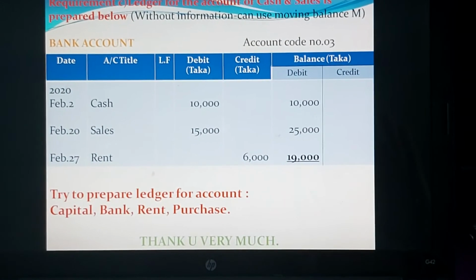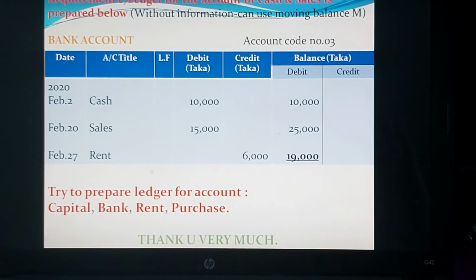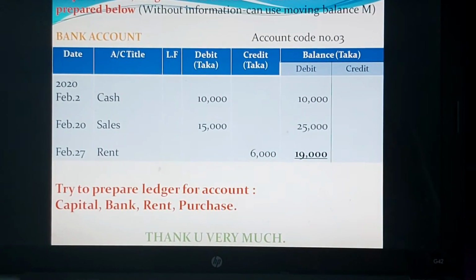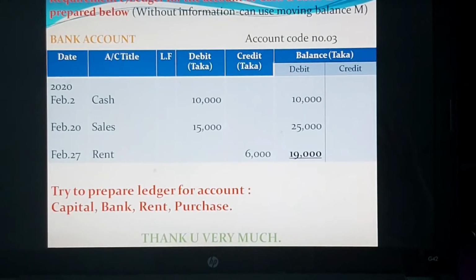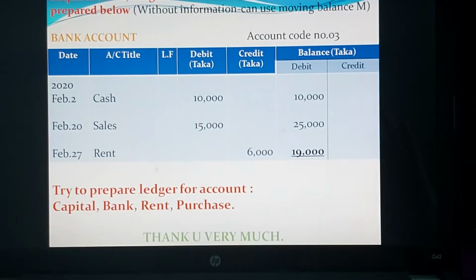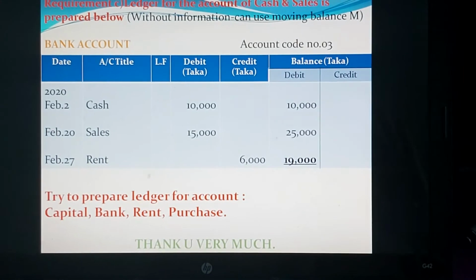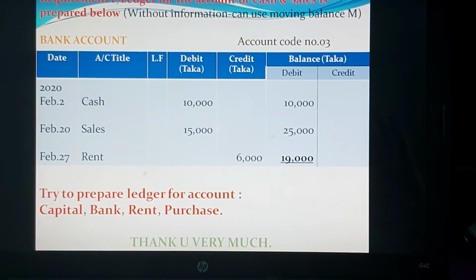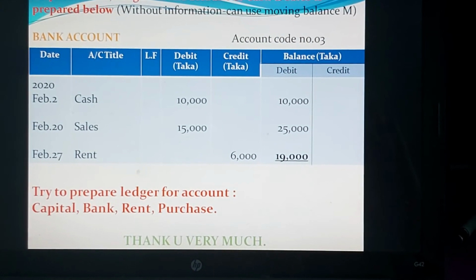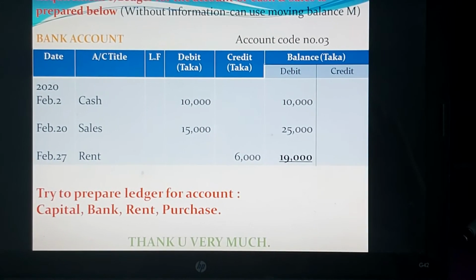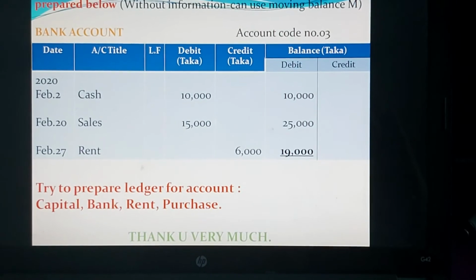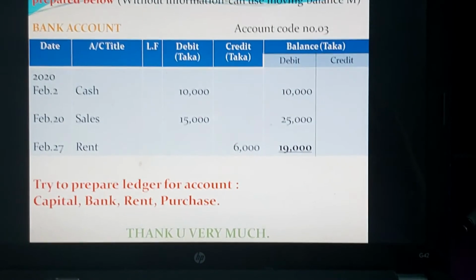Now you are preparing a bank account, so in the account title column, the bank account is not written. The opposite account is written. In February 2, the opposite account of bank is cash, but bank is debit taka 10,000. Okay, posting taka 10,000. No balance is available before February 2. So at this moment, debit balance of taka 10,000 for the first transaction.